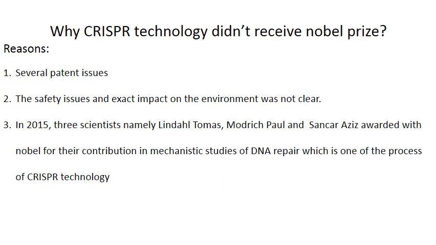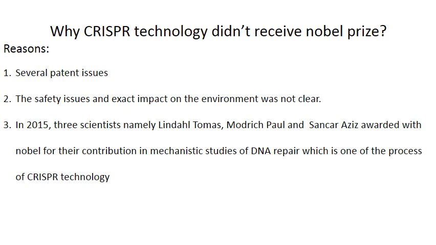Let us see why CRISPR technology did not receive the Nobel Prize. There were several reasons. One important reason is that several patent issues are involved in the development of the technology and the sequences. As you know, the CRISPR chips are already available in the market. The sequences will be given to you, and by using them in your laboratory, you can alter any sequence which you want.